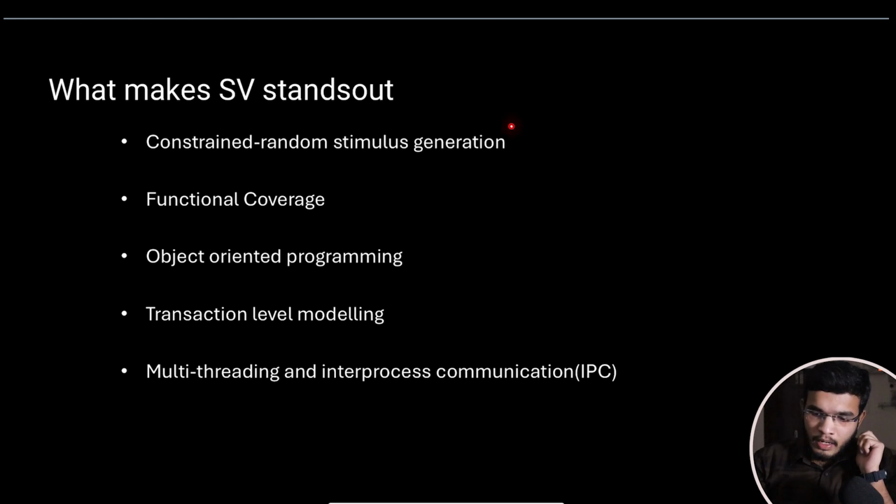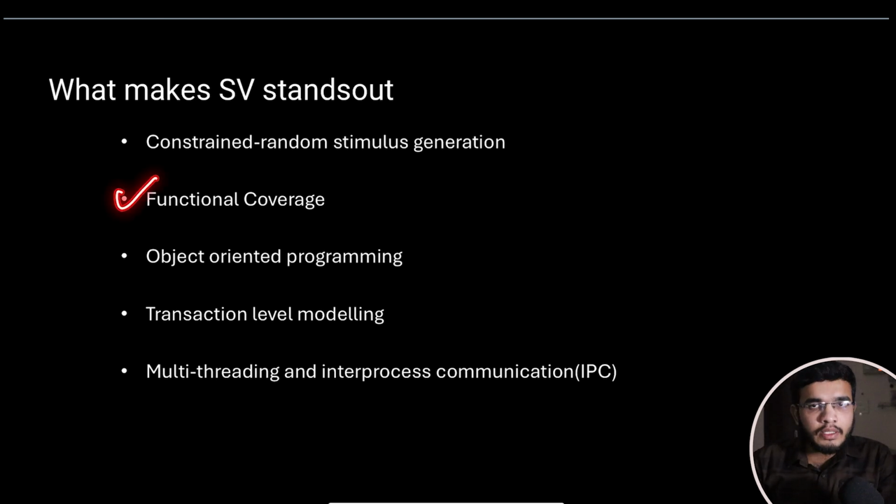For whatever we need to verify, we need to generate some stimulus. That stimulus interacts with the design under test and gets some response. Based on that response, we say whether it is performing as expected or not.